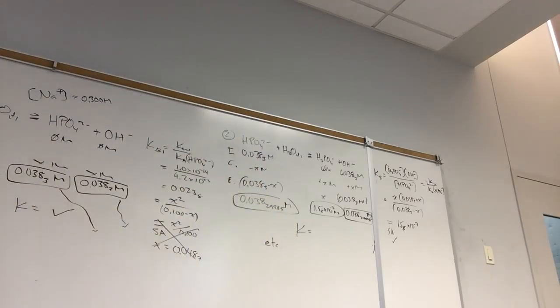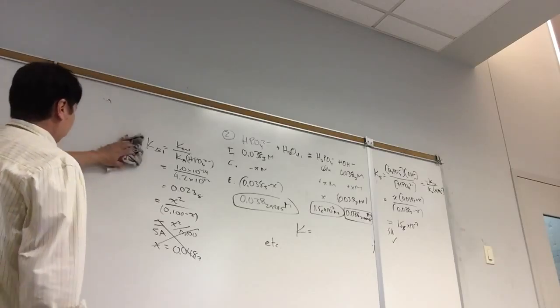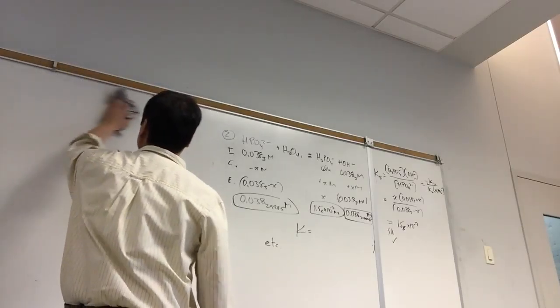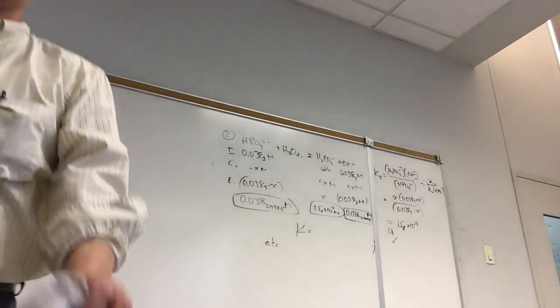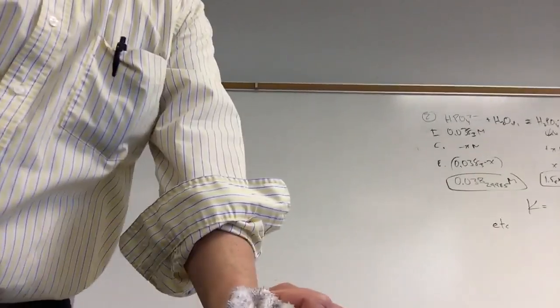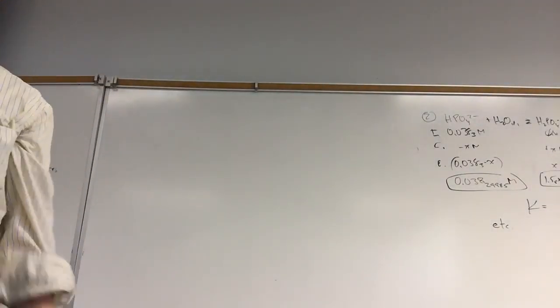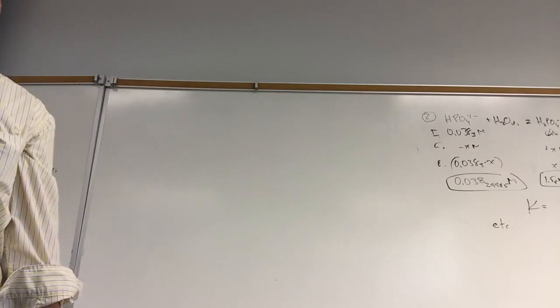All right, so let's go back to our chapter 17 stuff. Unless, is there anything else from chapter 16? How extensive are the Lewis acid bases on the test? Do you know the definition of a Lewis acid base?